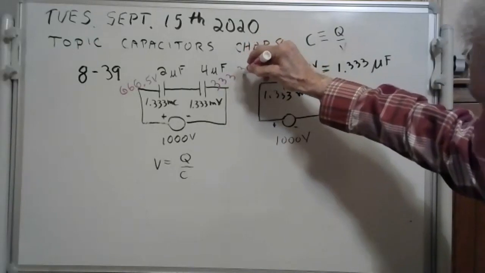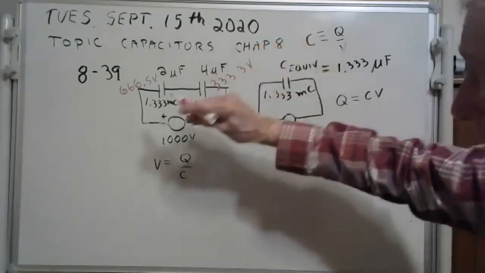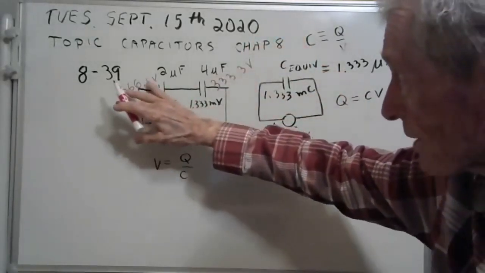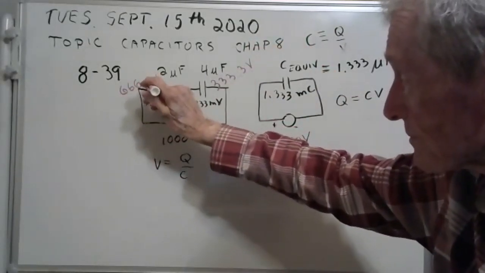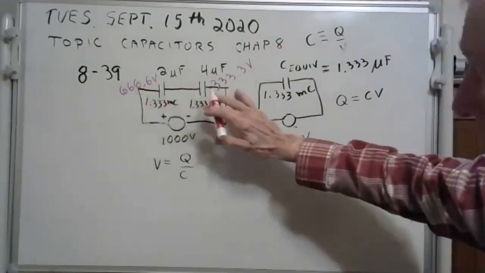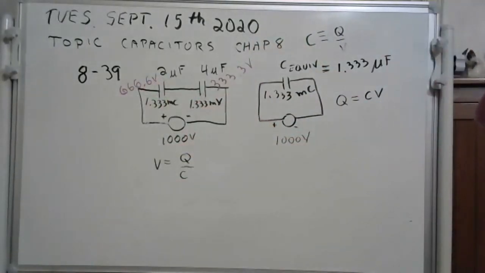You know what? I bet it's 3 if you round it off, volts. And I bet this would be a 6 if you rounded it off. Now see, if you add those two up, don't you get 1,000? Well, you get 999.9. That's pretty close to 1,000.